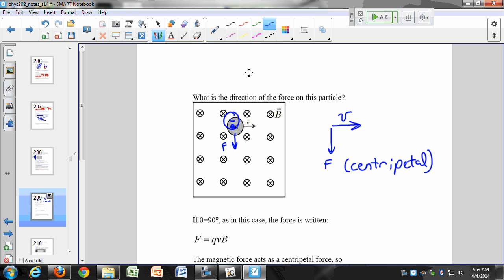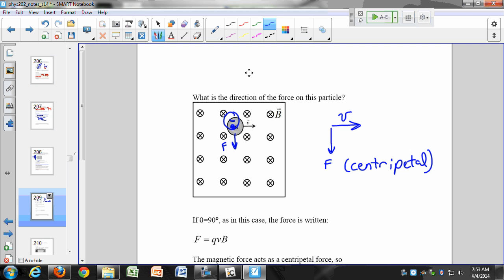I figured that it would be just easier to draw the velocity vector the other way. You could do that, yeah. And then if you had a positive particle moving in this direction, it would feel a downward force. That's what you're saying? Yeah, that's correct.